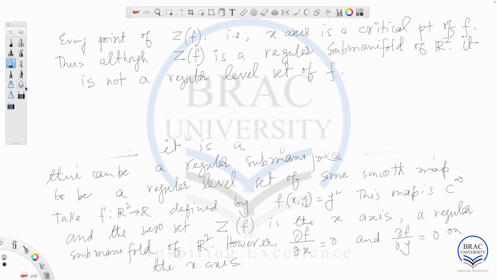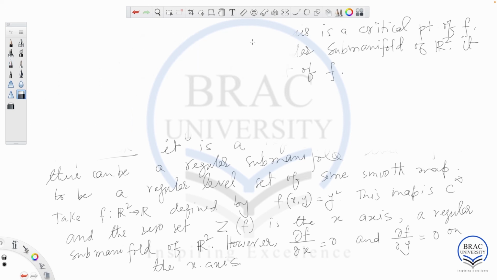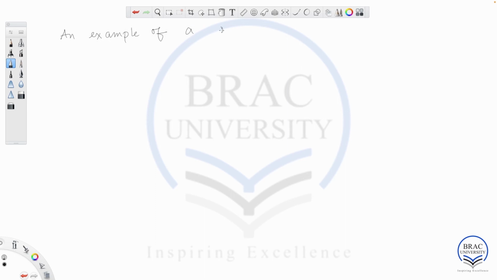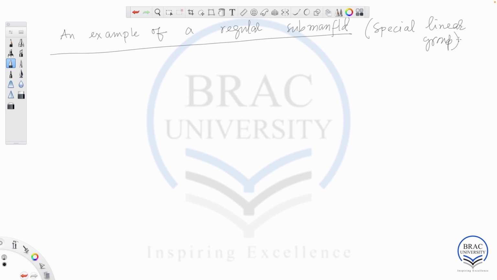Now, an example of a regular submanifold. Let me erase everything. An example of a regular submanifold: the special linear group, which we denote by SL(n, R).